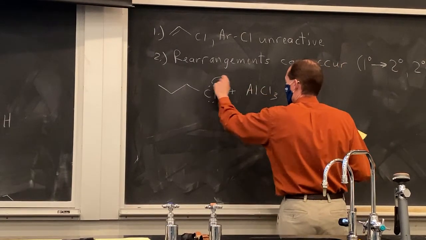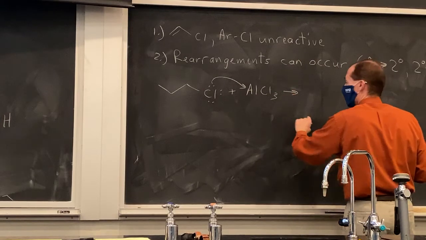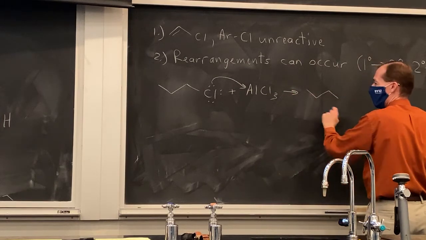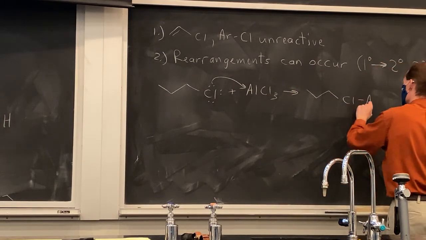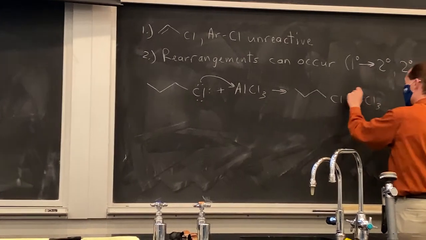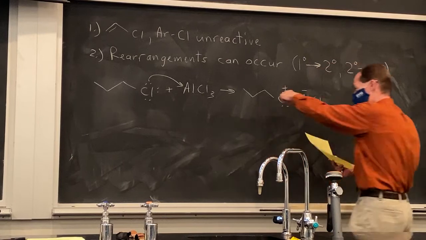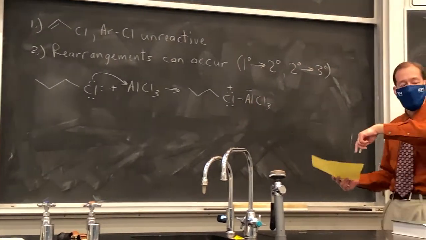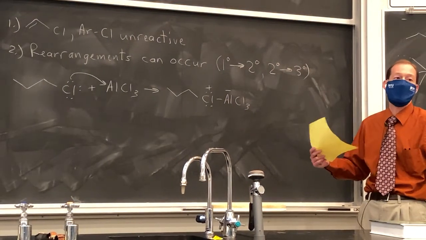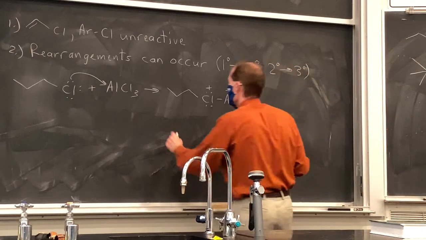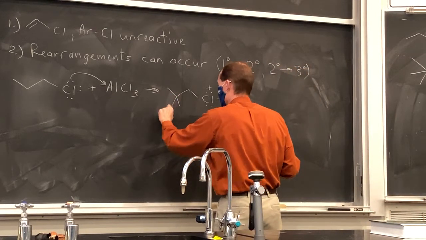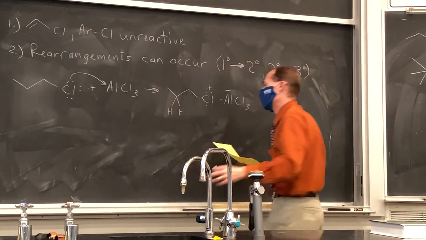We're going to react that with aluminum trichloride, generating our Lewis acid, Lewis base complex. Okay. So this cannot cleave the carbon-chlorine bond to make the primary carbocation. That's too high in energy. However, it does have beta hydrogens.